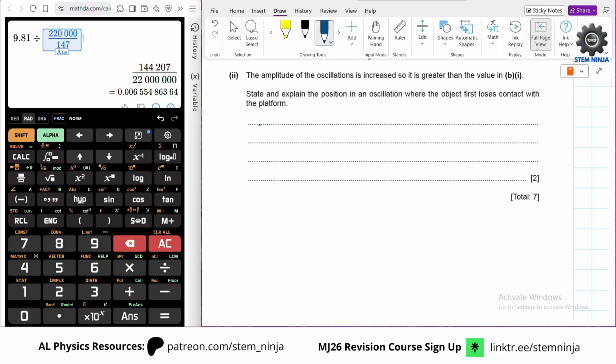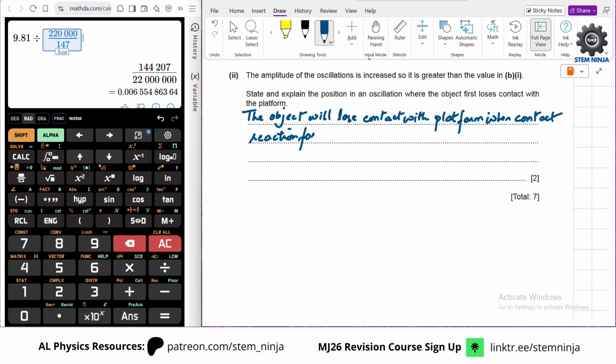So the object will lose contact with platform when the contact force, or the normal contact reaction force, becomes 0.